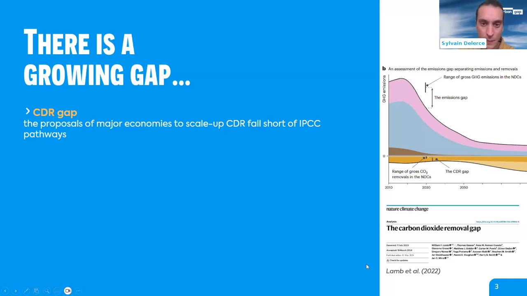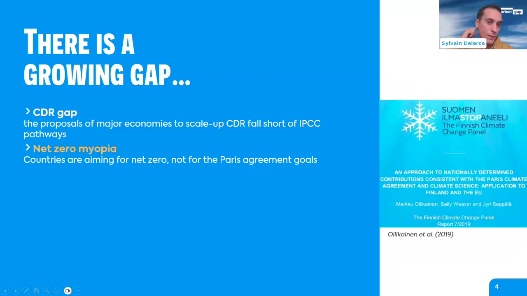Part of the reasons for this lack of ambition or lack of planning could be called the net zero myopia. It's this problem at the core of the Paris Agreement, where we have a temperature objective, but the translation of that agreement has mostly been in adopting net zero goals by a certain date.